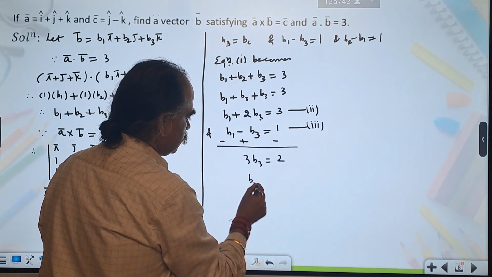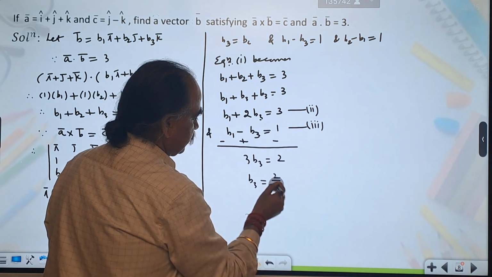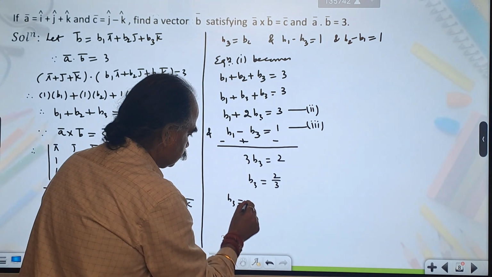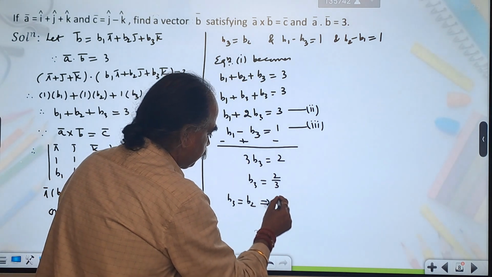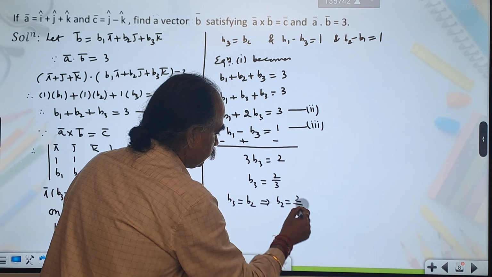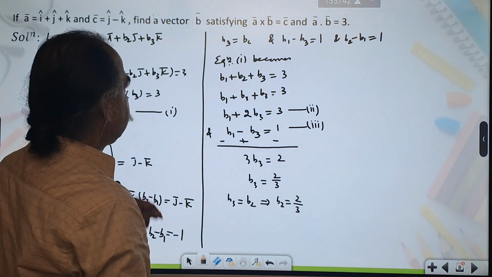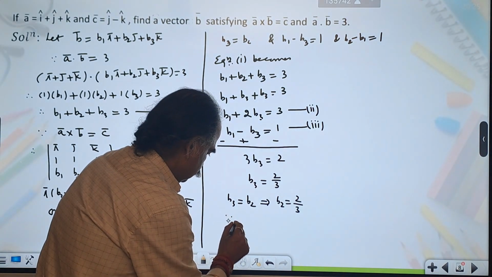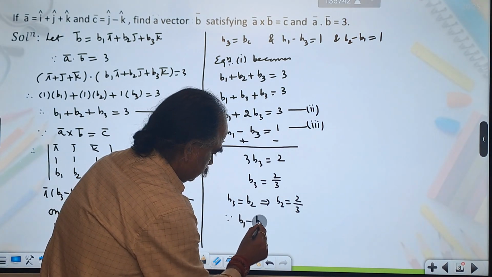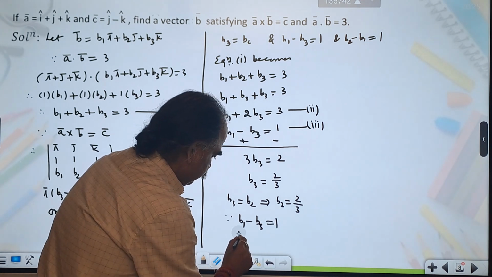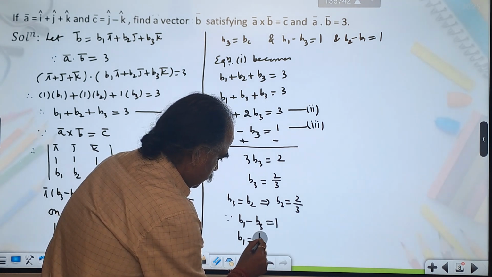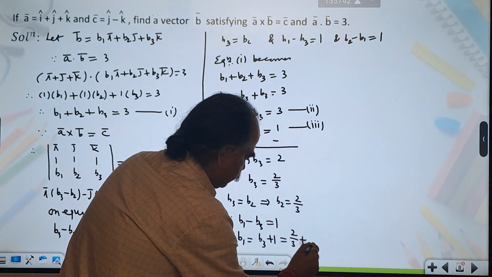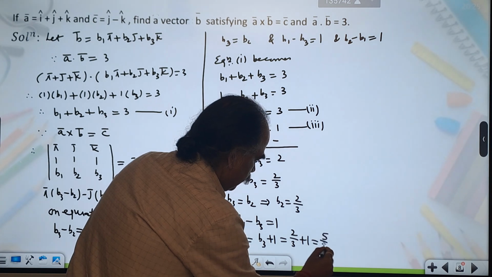So b3 is 2 by 3. b3 is equal to b2, which implies b2 is also 2 by 3. What is b1? b1 minus b3 is 1, so b1 is b3 plus 1, 2 by 3 plus 1, 5 by 3.